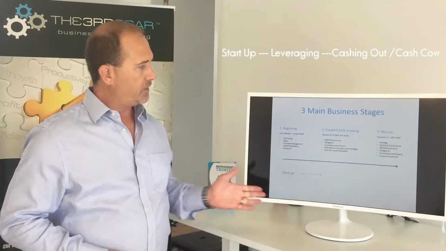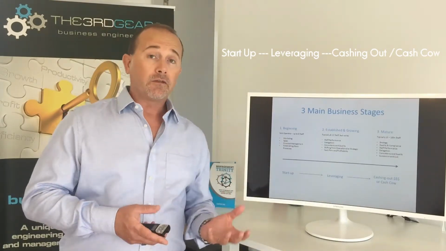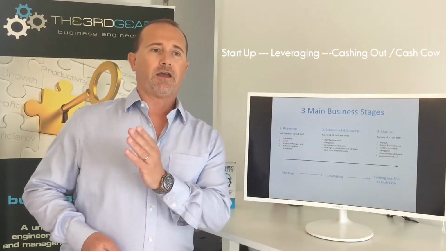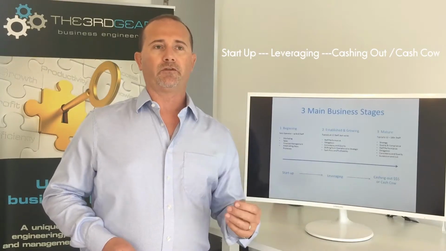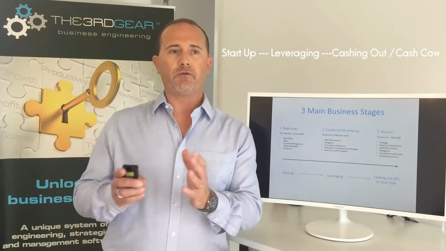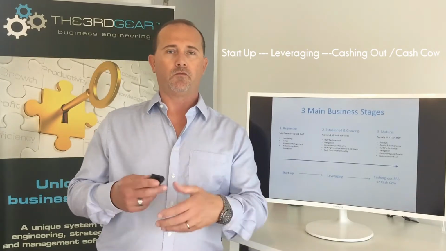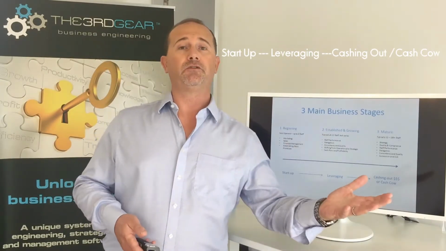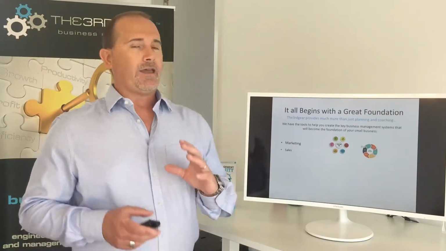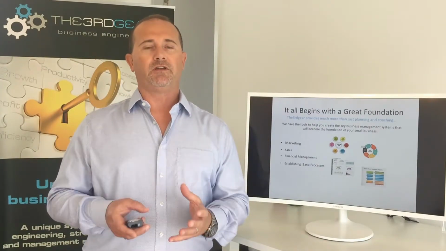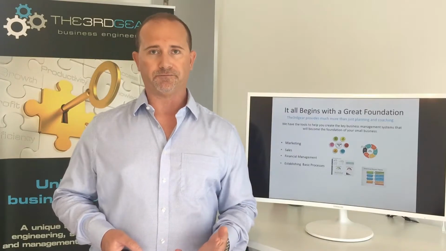So we have these 3 stages that the third gear system can actually help transition a business through, from the very beginning startup through to that middle stage where you're starting to become more complex and sophisticated, through to the mature stage where you're really starting to reap the benefits of the business. And everything begins with having a great foundation.